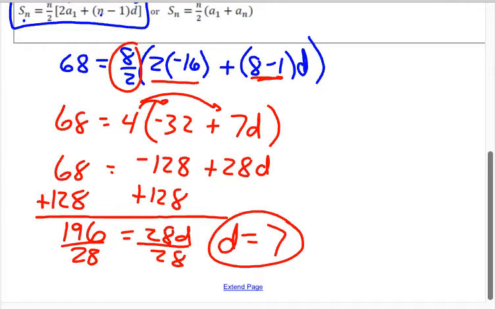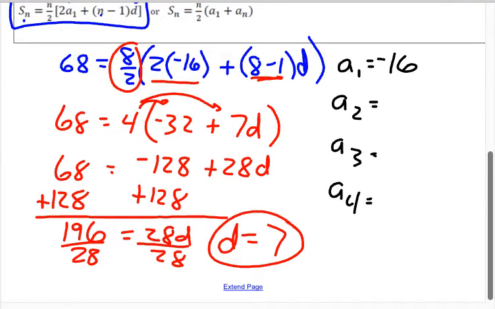So I know this. A sub 1 equals negative 16. So a sub 2, a sub 3, and a sub 4, the next 3 terms are what we're looking for. If I add 7 to negative 16, I get negative 9.